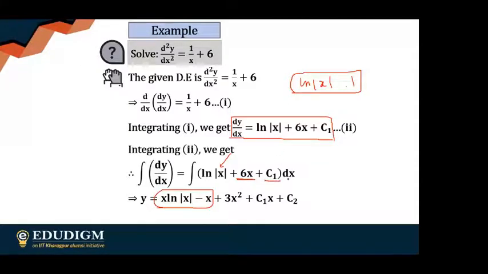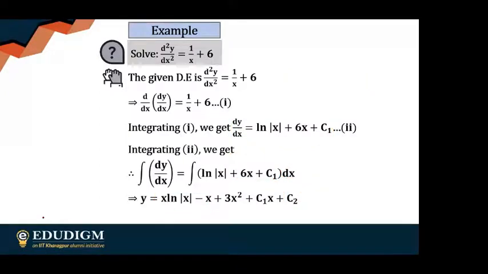This is C1, so C1x will be there on integration because here we have dx. And again, you have the second constant of integration. The beauty of this process is that it tells you that while forming the differential equation, you had two parameters which you eliminated, and that is why you got a second order equation.